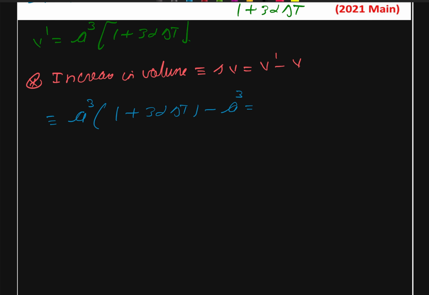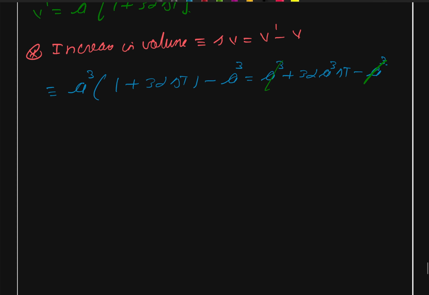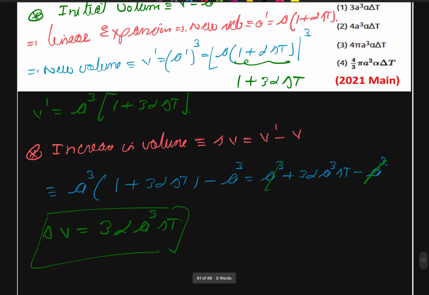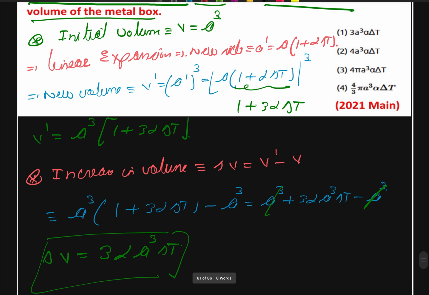So we open it, we get A cube plus 3 alpha A cube delta T minus A cube. A cube cancels out, so we get change in volume is equal to 3 alpha A cube delta T, that is 3 alpha A cube, so option 1 is correct.